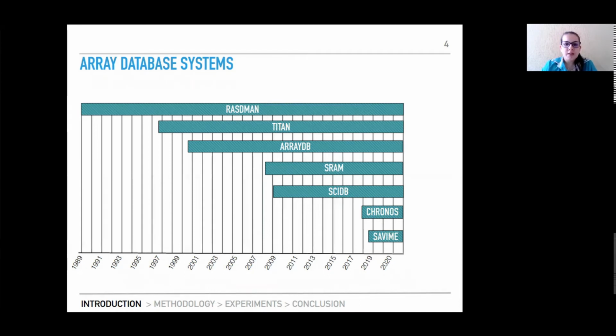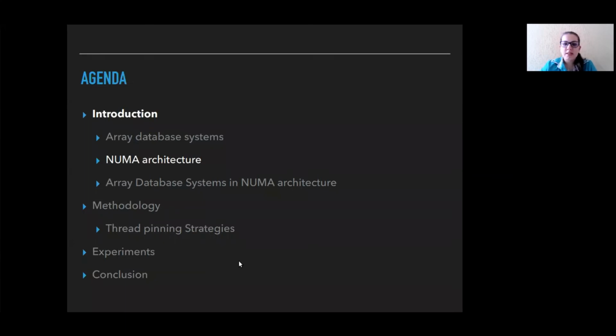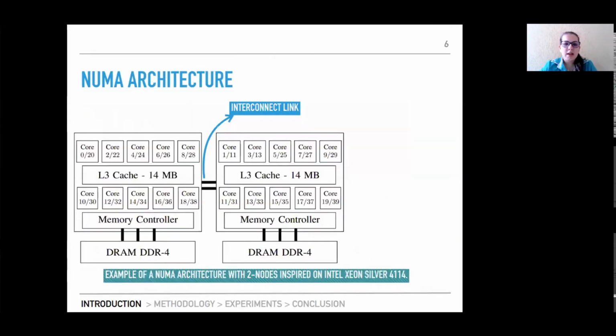At the same time, high-performance systems use new architecture to leverage the high number of CPU cores within the same shared memory.